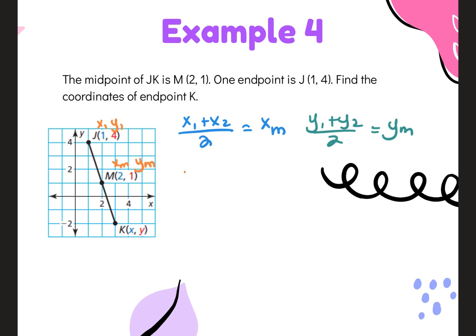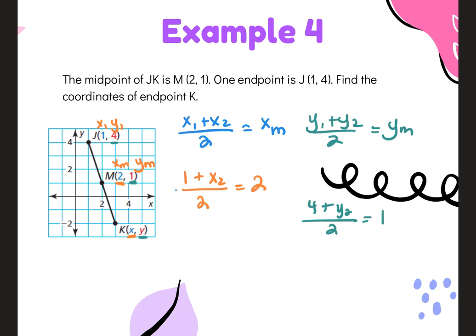So x1 is 1, plus, we don't know this one, so that would be our x2, divided by 2 equals 2, which is the x coordinate of my midpoint. And then y1, which is 4, plus y2, which is what we don't know, over 2 would equal the y coordinate of our midpoint, which is 1.